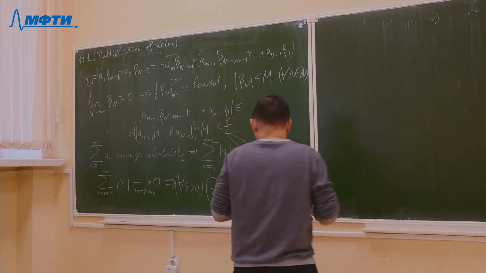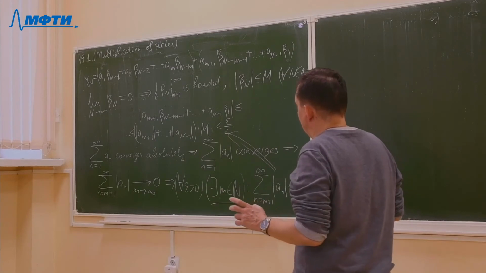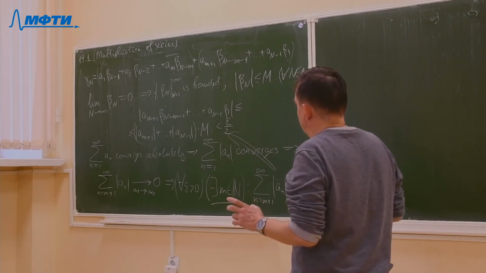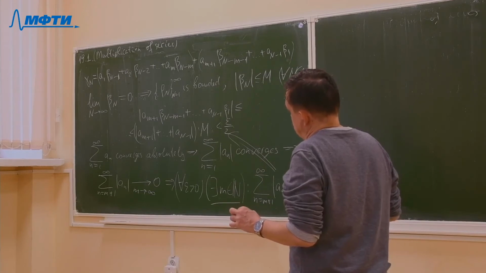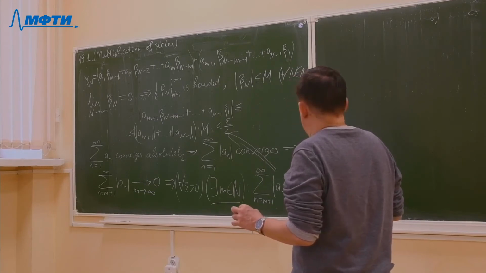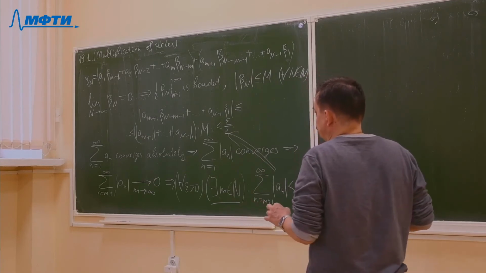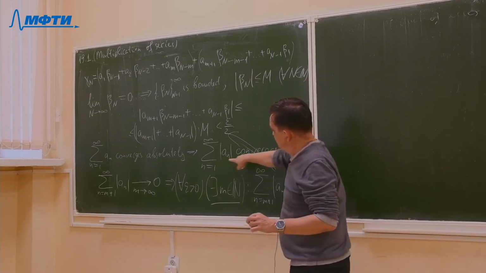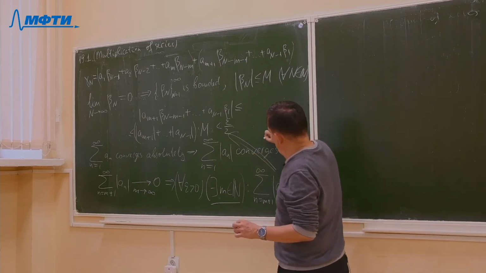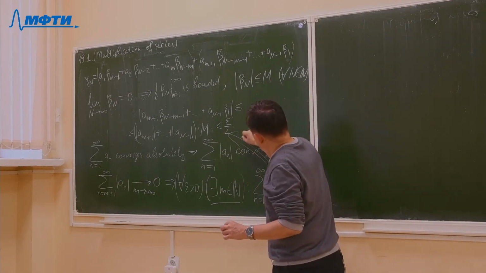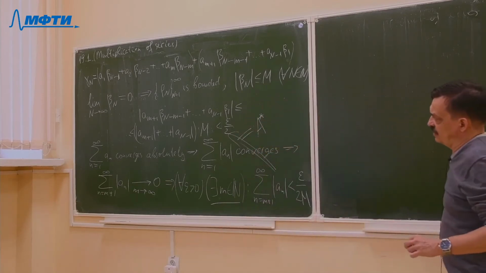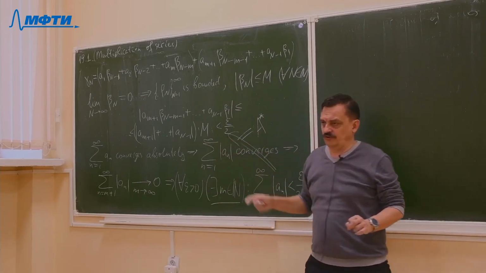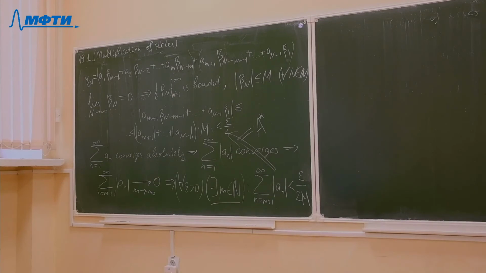How to choose? Okay. Let me choose. So the series of modulus converges, so let it be equal to, let's say, A star. A star is the sum of modulus of a n. That is A star.